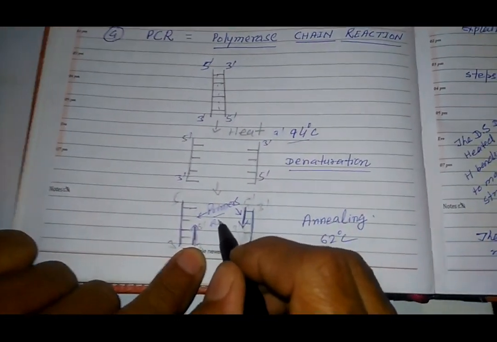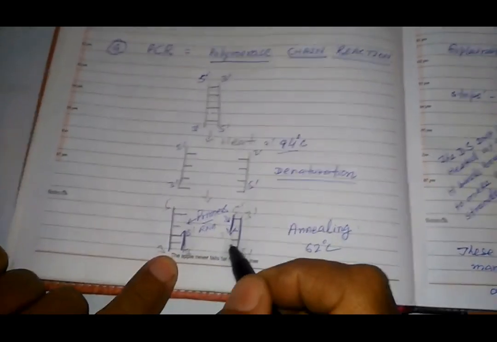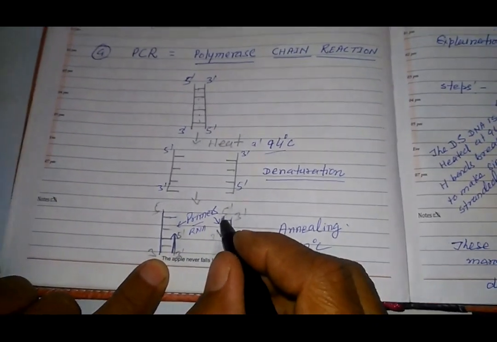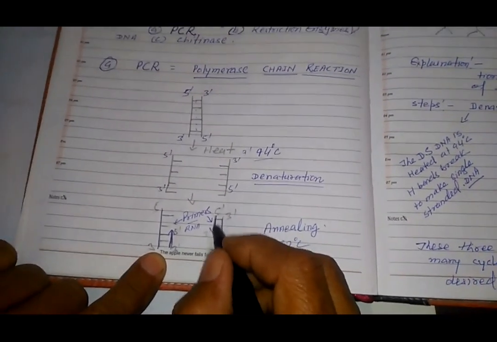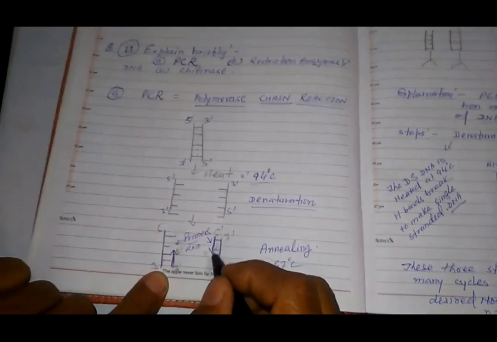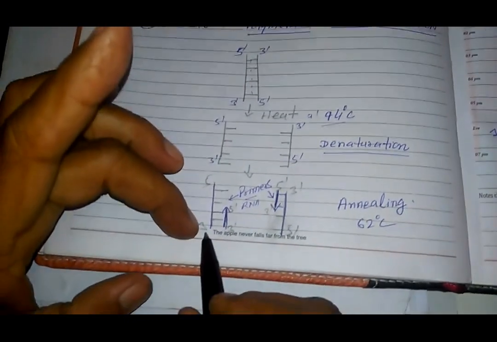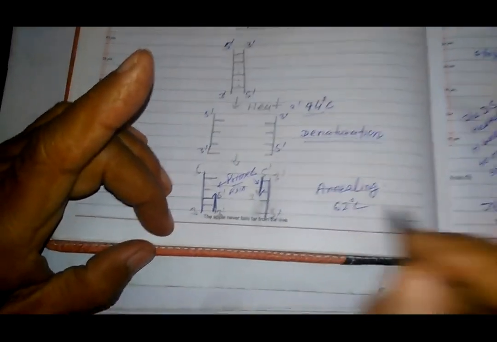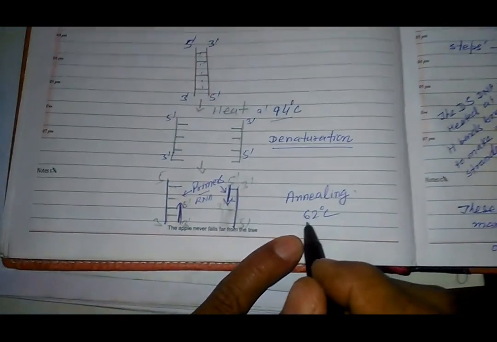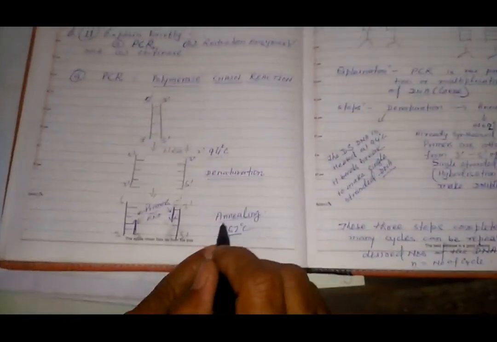Now primers are added, which attach in the 3' direction of the parental strand, because replication begins in the 5' to 3' direction. This process is done at 62 degrees Celsius, and this process is called annealing.